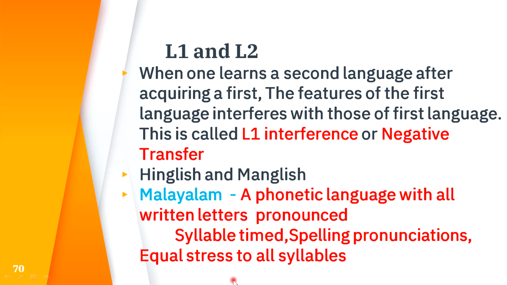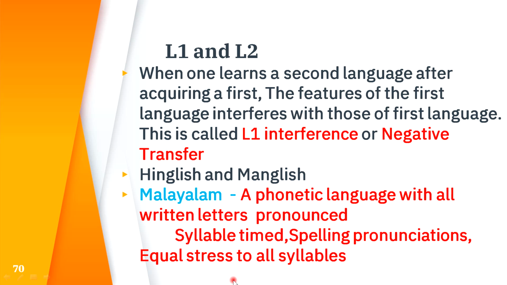The pronunciation of English by Indian English bilinguals like Keralites is usually modeled on the pronunciation of their mother tongue or L1. As a result, their English often comes under the influence of the pronunciation patterns of Malayalam, which, like most of the Indian languages, is phonetic in the sense that all written letters are pronounced.